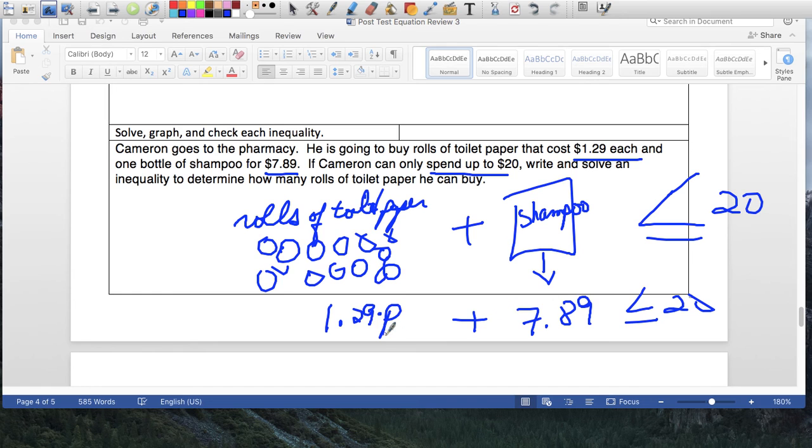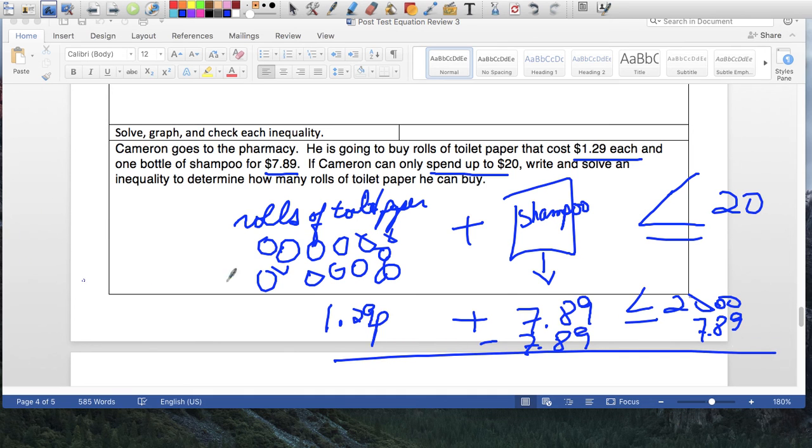So that's my inequality. I'm going to take away the multiplication sign because I don't need it. So minus $7.89 on this side, minus $7.89 on this side. So these two will cross out. I'm left with 1.29p less than or equal to 12.11.